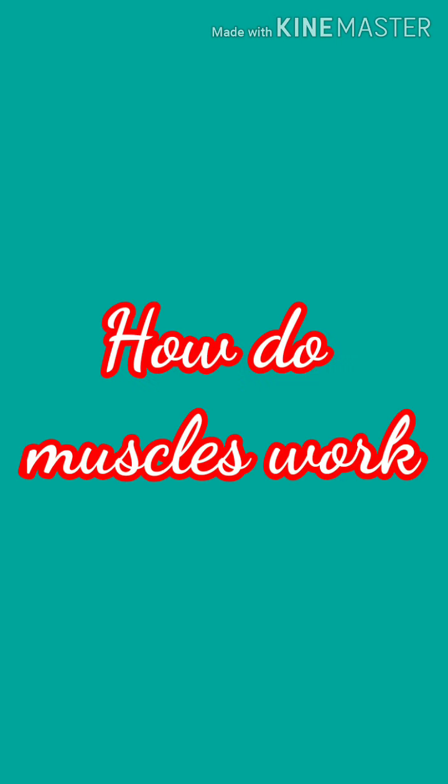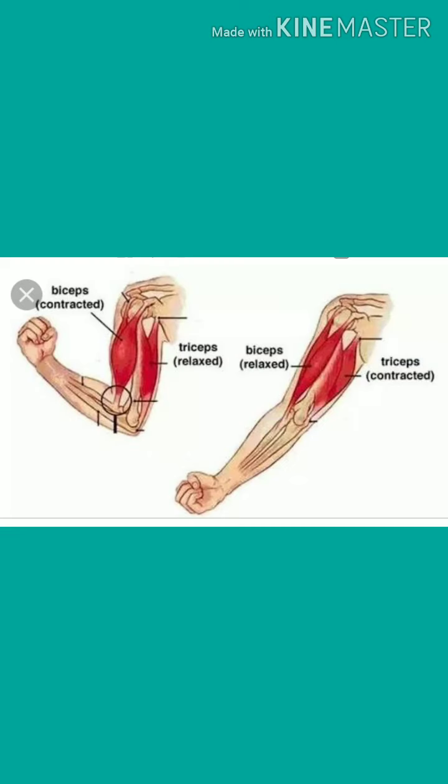Okay, now the next topic is how muscles work. Muscles work in pairs by contraction and expansion. Contracted muscles become tighter and shorter. When an expanded muscle is relaxed, it goes back to its original shape. In this diagram, see here the biceps and triceps.